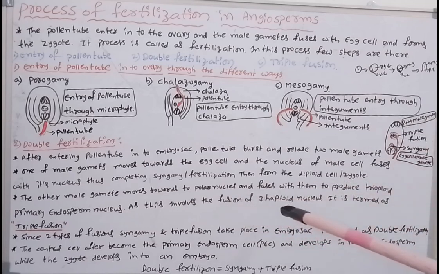This involves the fusion of three haploid nuclei, that's why it is termed triple fusion. After fertilization, the primary endosperm nucleus develops into the endosperm while the zygote develops into the embryo. So this is the process of fertilization in angiosperms.